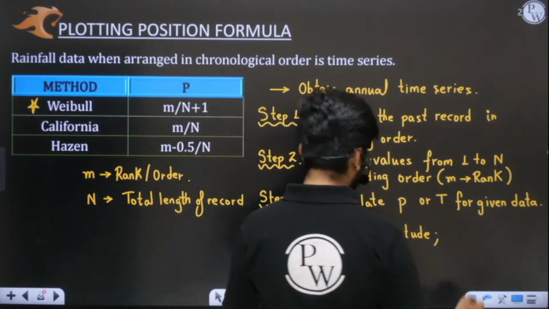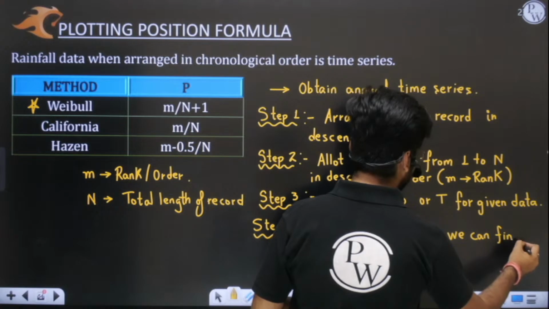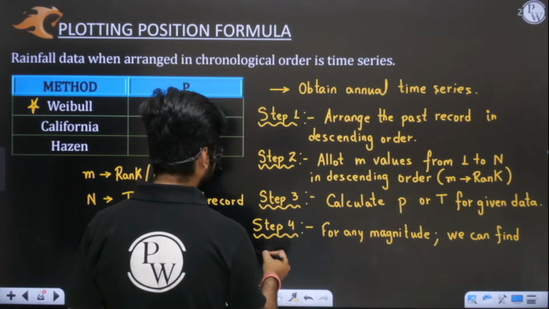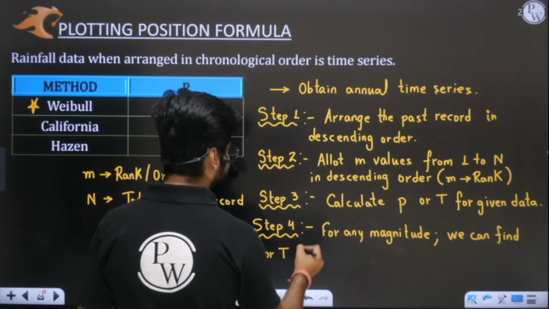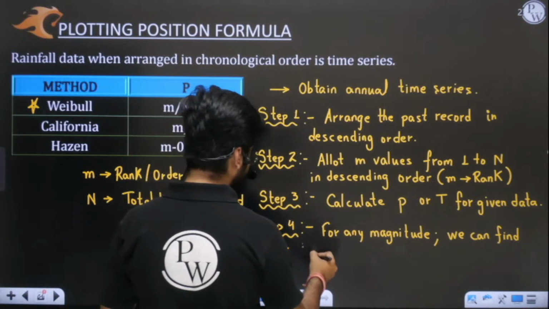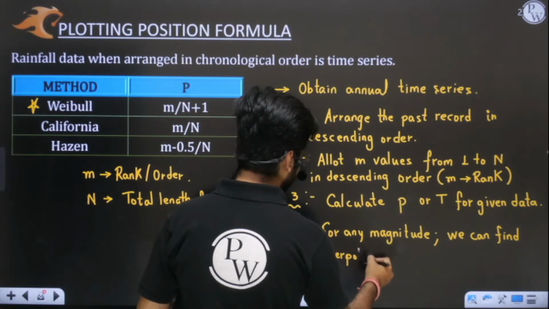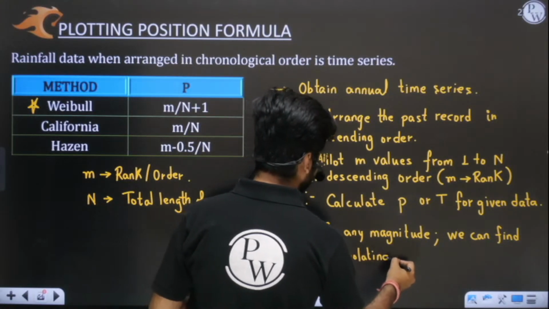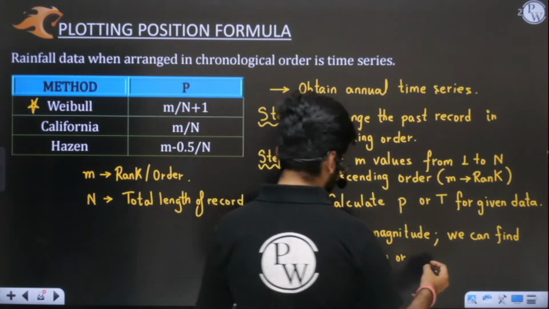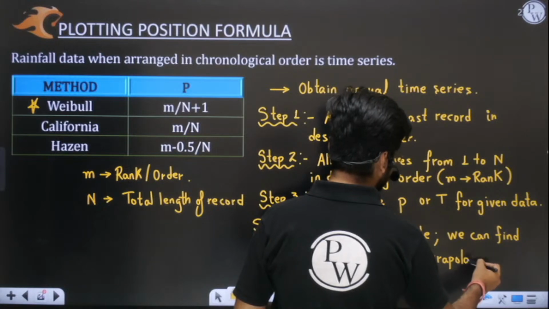So for any magnitude, we can find P or T by simply interpolating or extrapolating. Sir, what is the meaning of extrapolating here? See, you need to understand one thing.